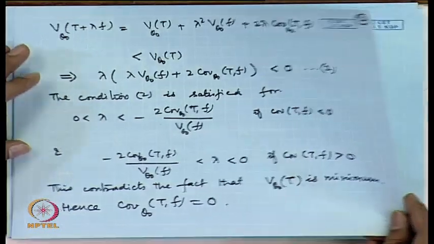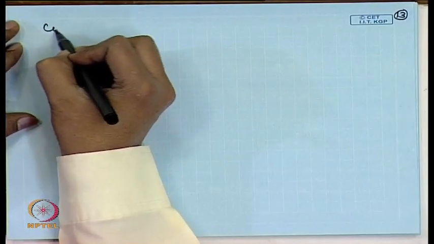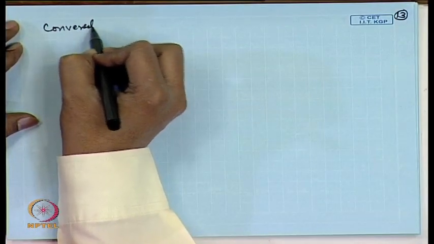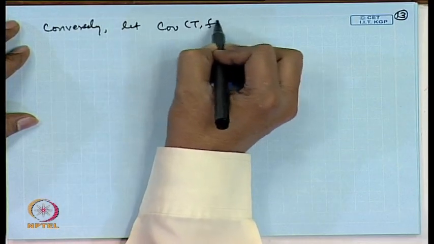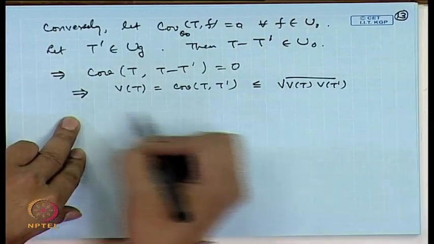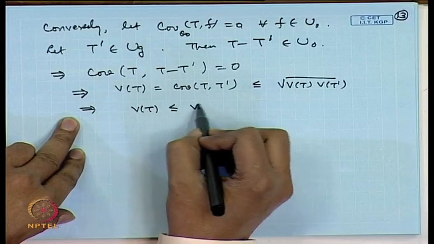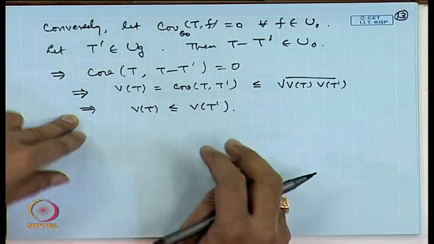Now, let us take the converse of this. Conversely, covariance between T and T prime gives variance of T into variance of T prime. So, obviously, this is equivalent to saying that variance of T is less than or equal to variance of T prime.